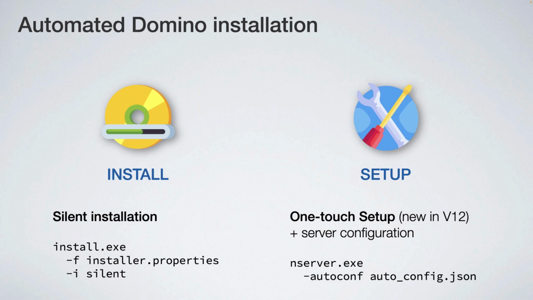The first one is called install, and it installs binaries. The second one is setup, and this setup is what makes the Domino server unique: server name, domain, Domino admin, whether it is the first server or part of an existing domain, and so on. And the first one, the left one, has been automated for a long time.